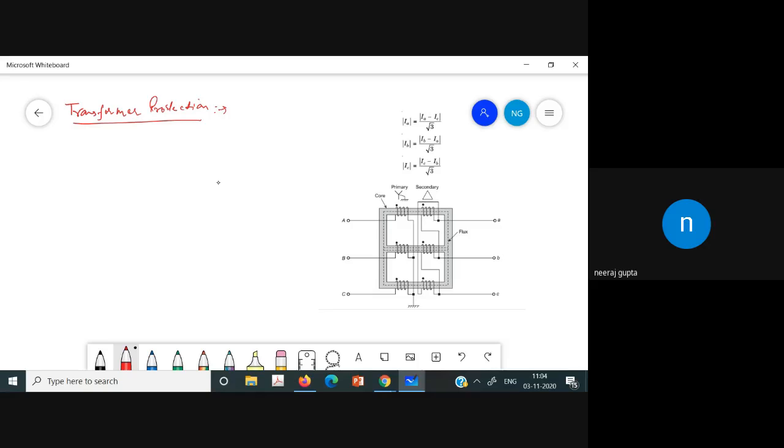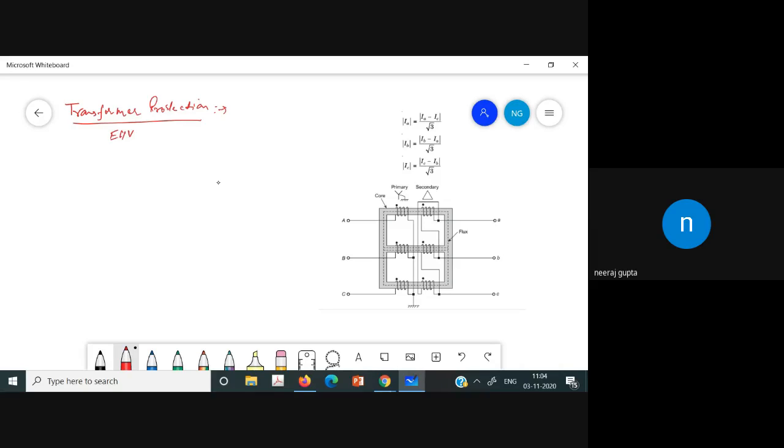You will have the small transformer that you can place on the palm of your hand, and you have large transformers which are used for extra high voltage applications. That is power transformers. The weight of the transformers can be metric tons and occupy a large area.